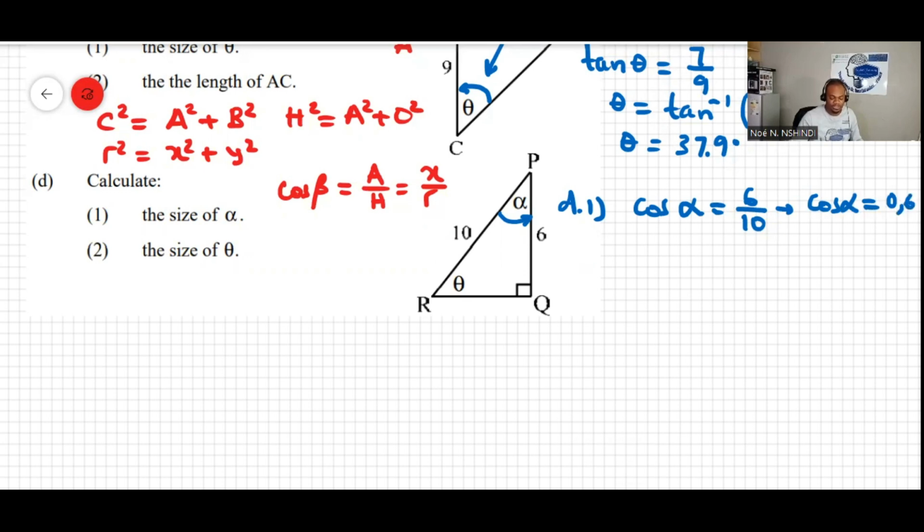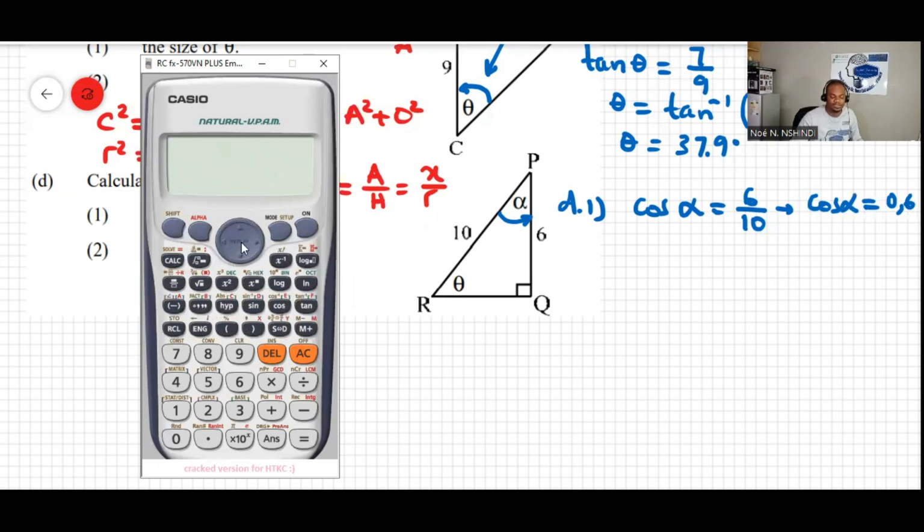Then we can use the inverse function in the calculator to find alpha. So we press the shift button, and then we press the cos button that gives us the inverse, of the value 0.6.